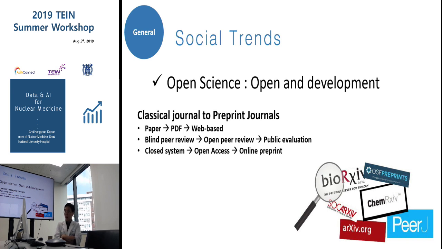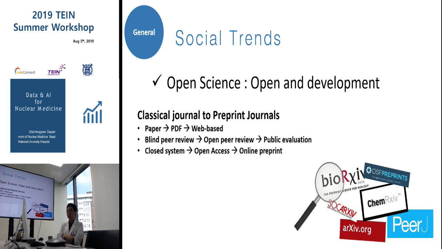These are not reviewed by peer reviewers, but authors can open their manuscripts on the web. So blind peer review moved to open peer review. If we upload our paper for the public, then public scientists can assess the paper, and they can offer critiques, or sometimes read your papers more frequently.